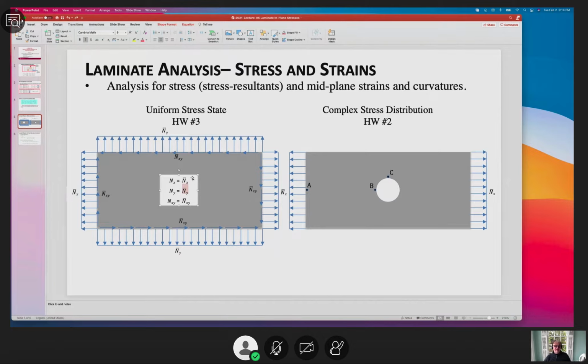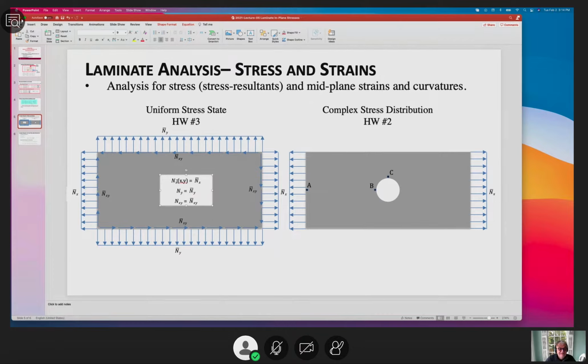So each of these can be controlled differently as applied stress resultants. And inside every point, Nx is equal to Nx bar. In fact, I should be writing this in some sense as a function of x comma y.